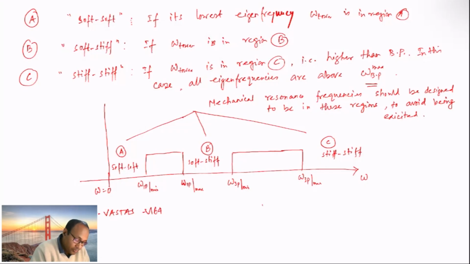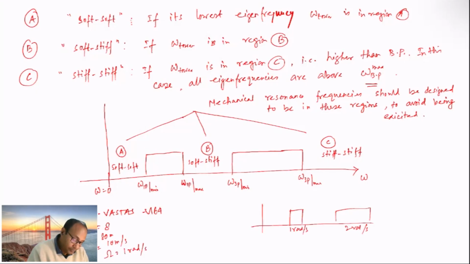One can see an example, the Vestas V164, where we have already seen that, let's say, 1 rad per second. This could be 2 rad per second, where you have lambda equals 8, R equals 80 meter, U infinity equals 10 meter per second, omega equals 1 rad per second. So you'll have a variation of omega over U infinity like this. Okay.